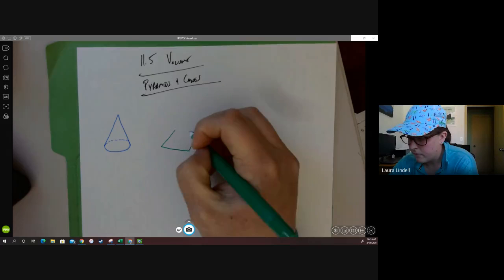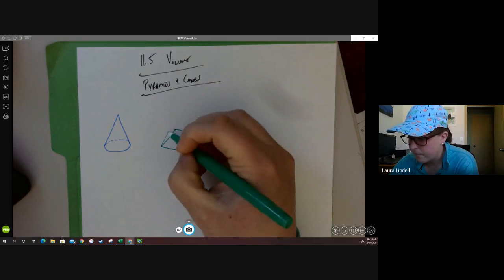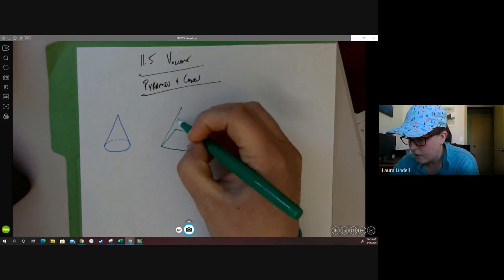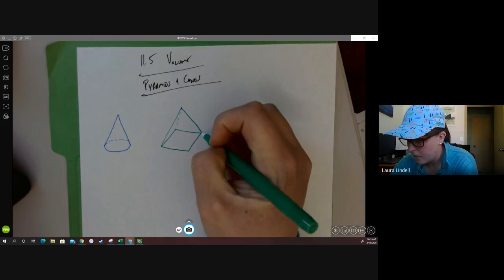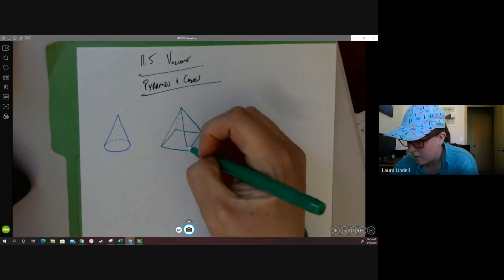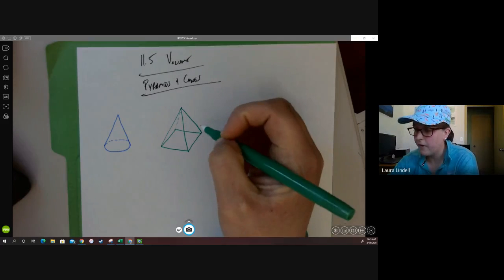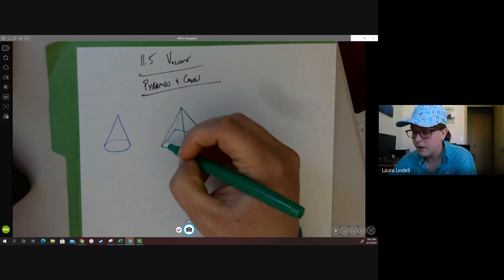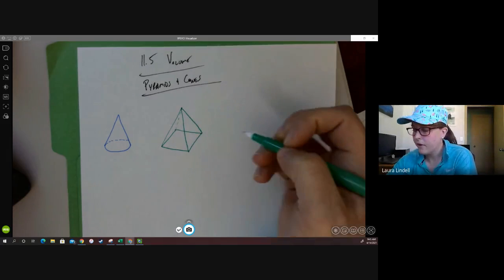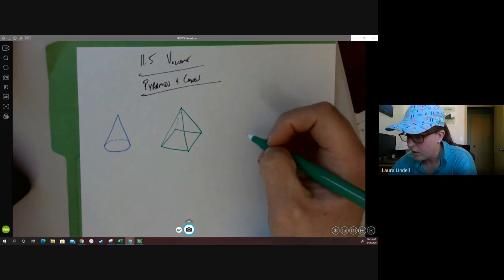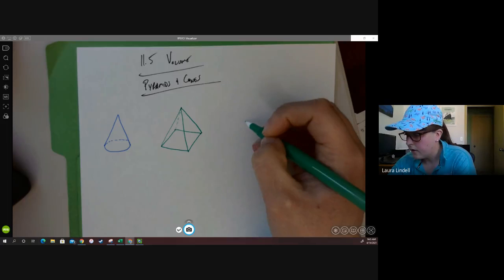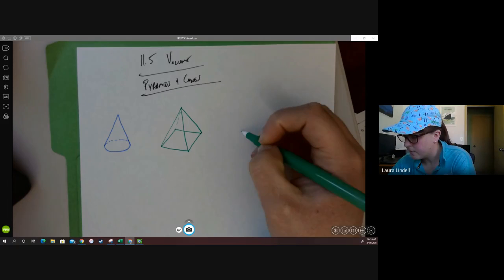And this is going to be fun to attempt to draw. Not too terrible. All right, so there's one possible pyramid. I guess this should have been a dashed line as well. Or it could have a triangular base.